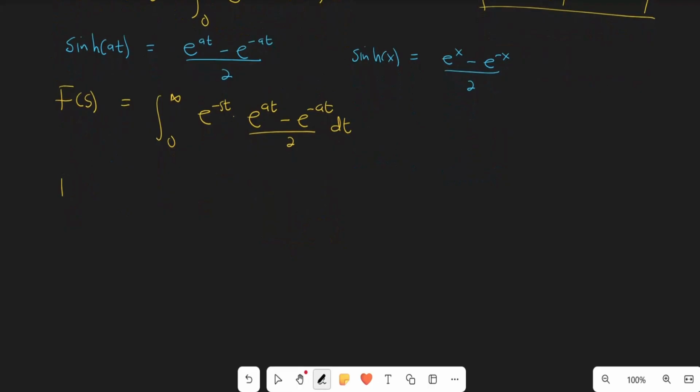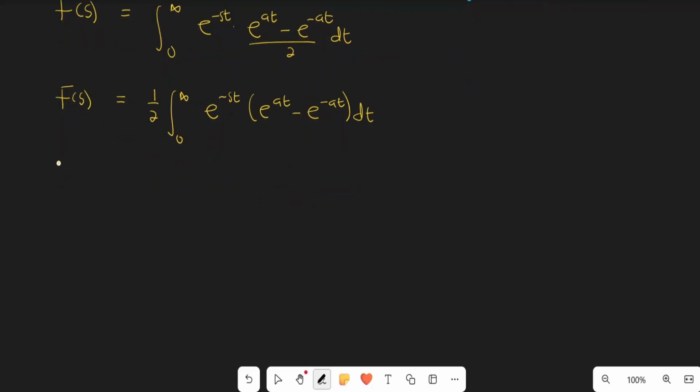Okay, cool. So F of s is equal to 1/2, which is a constant, and it comes in front here. We have the integral from 0 to infinity, and now we are going to have e raised to the power negative st multiplied by e raised to the power at minus e raised to the power negative at. Okay, so now let's distribute this.